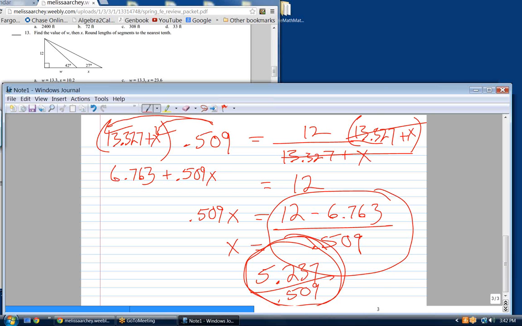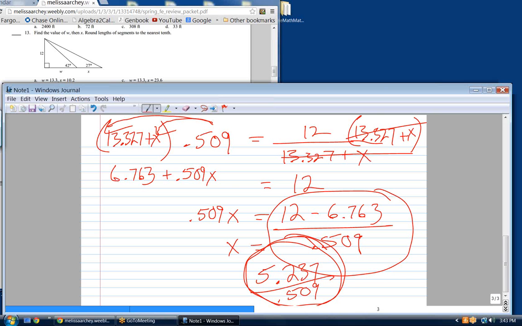Did we make a mistake somewhere? Let's see. I don't think so. Here, let me do this on my calculator. 5.2 divided by 0.51 equals 10.2. Where'd you get 5.2? I just rounded it.